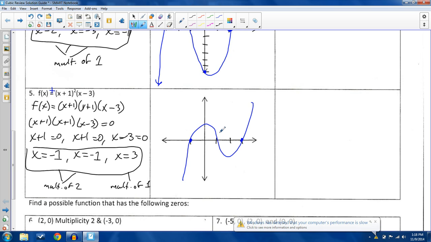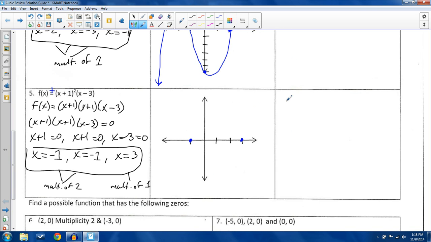So it can't cross through the x-axis twice. It can only hit it once, which is what we're going to find out, and it's going to come back and do that. Now, I want to redraw this once I get my x-intercept and my y-intercept, but these will be my x-intercepts. And this bounce back feature appears because this is x plus 1 quantity squared. At x equals -1, it acts almost like the vertex of a parabola, and it has that bounce back. But let's get the y-intercept first, and then I'll do that.